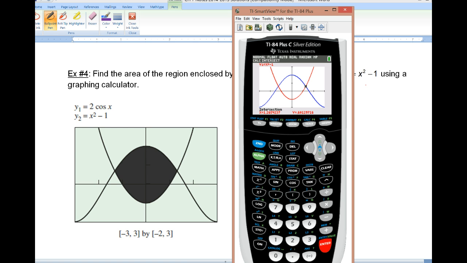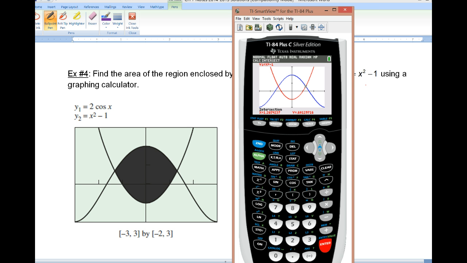And when it says guess, the reason for the guess is that if you move the cursor closer to the right, it's going to go to this intersection point. You could also put in a number, or just move using your arrows to get closer to the point you're trying to locate.